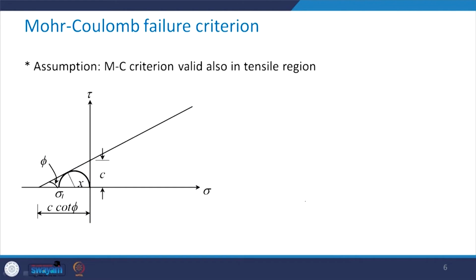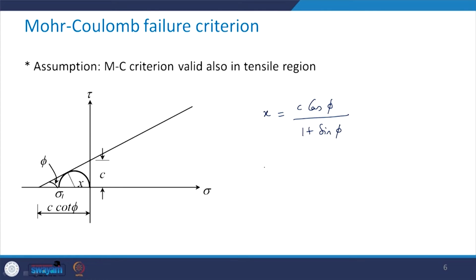Now let us have a look once again at this figure. If you apply simple trigonometry relationships, what you are going to get is x equal to c cos phi divided by 1 plus sine phi.